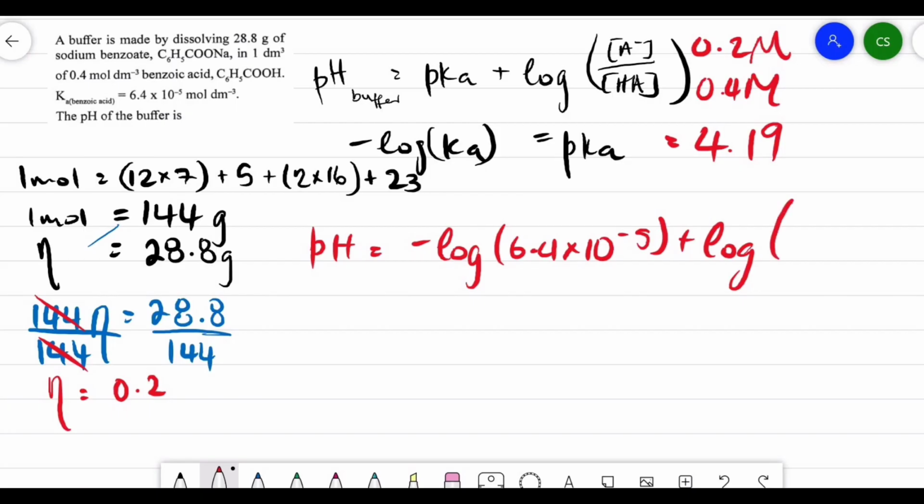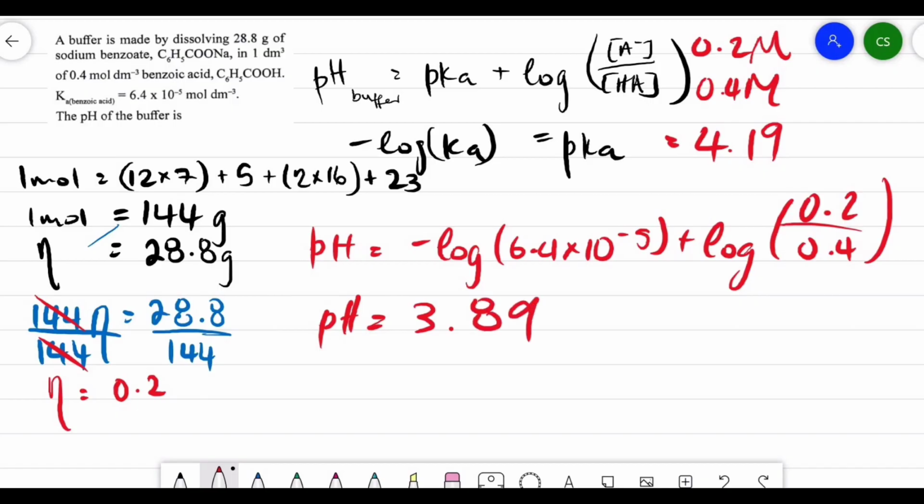Plus log of the concentration of the salt, which is 0.2 molar, over 0.4, which is the concentration of the acid, and therefore the pH of the buffer is equal to that plus the log to the base 10 of 0.2 over 0.4. I got 3.89, which is 3.9. And let's look at the options.